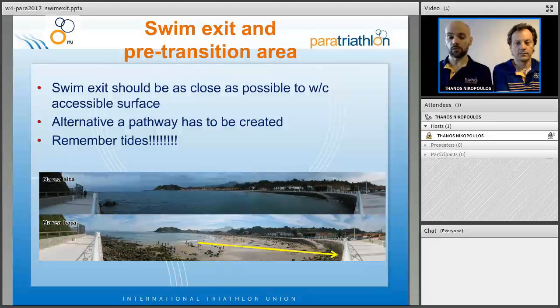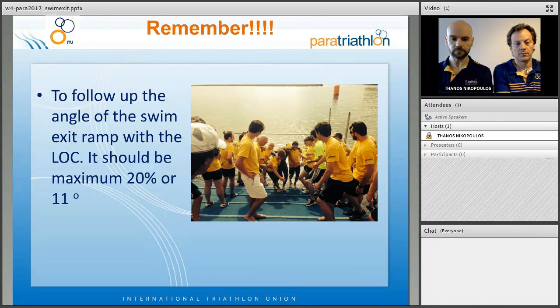In the case where we have tides, you have to take this into consideration, because at one period of time it may look like the pre-transition is quite close to the swim, but if we have a tide on the actual race day, we can have cases where the distance is way longer, and this puts the swim exit assistants in a more difficult situation.